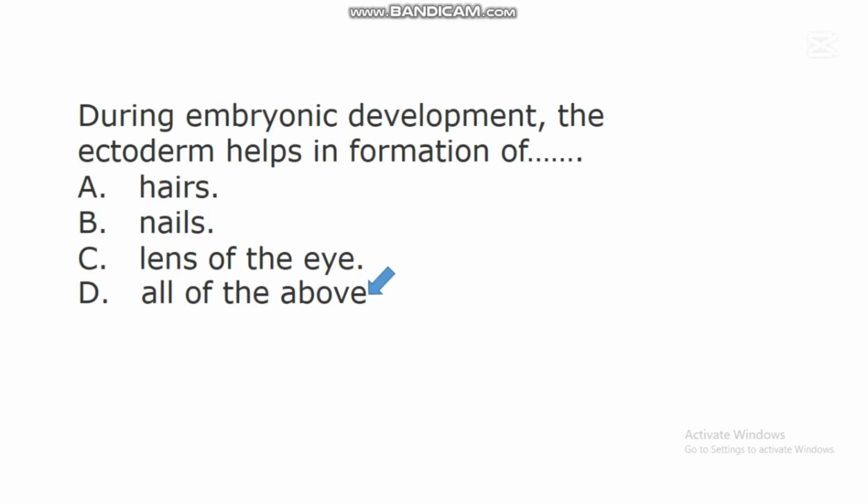During embryonic development, the outermost germ layer known as ectoderm plays a great role in forming different parts of the embryo such as the hairs, the nails, the lens of the eye, and other structures. So it is this ectoderm that helps in forming hairs, nails, lens of the eye in a developing embryo.